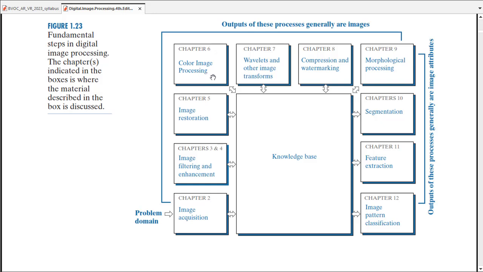Others are color image processing, wavelets and other image transformations, compression and watermarking, morphological processing, segmentation, feature extraction, and image pattern classification. So these outputs of the process are generally images, or image attributes.